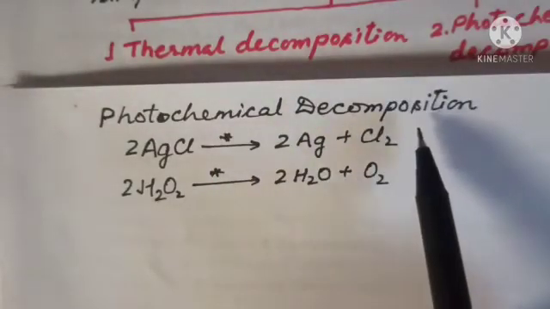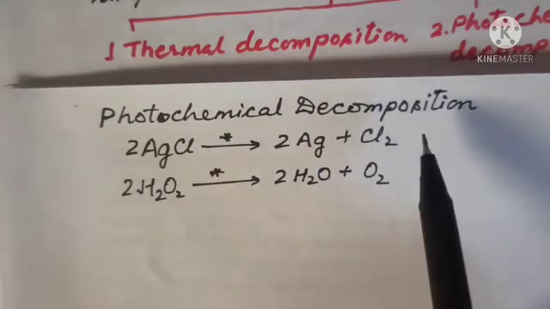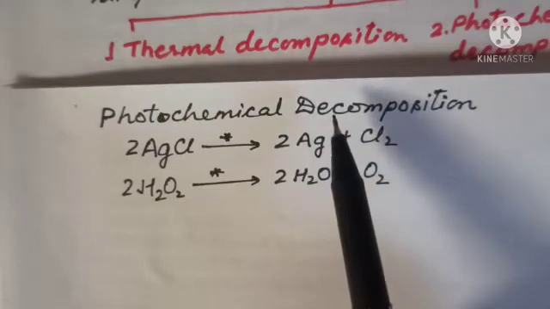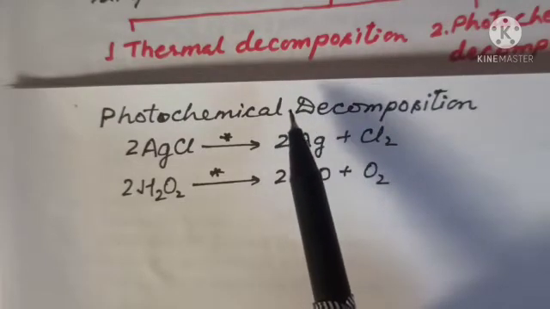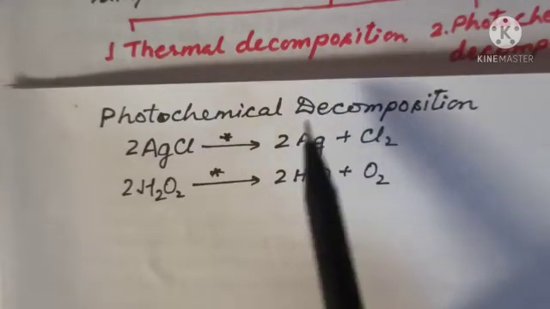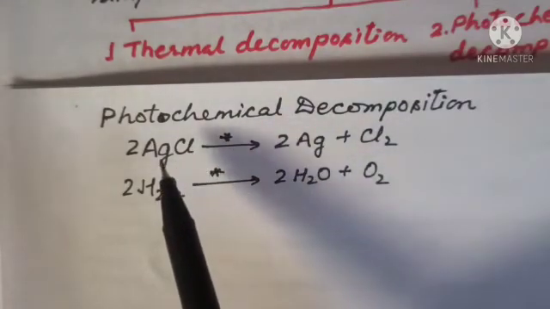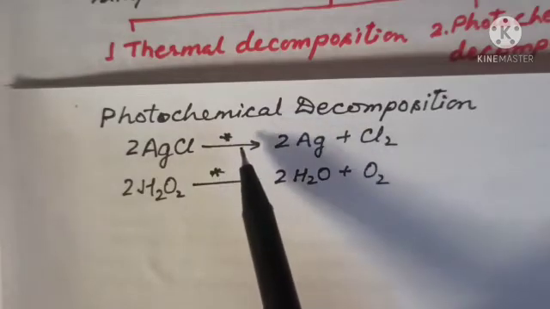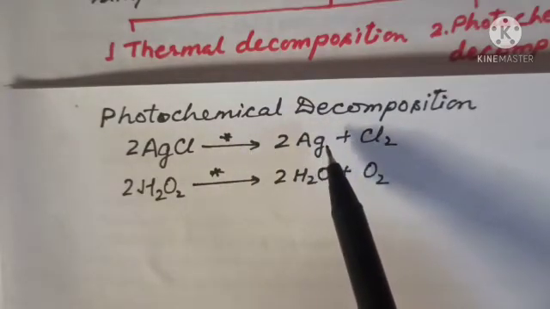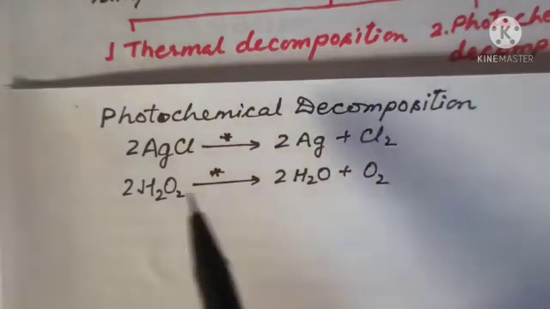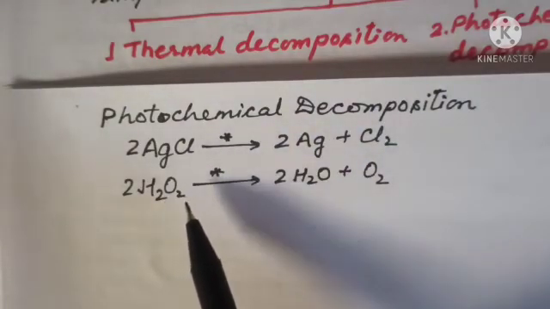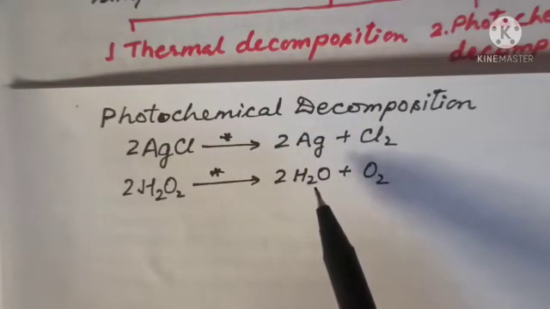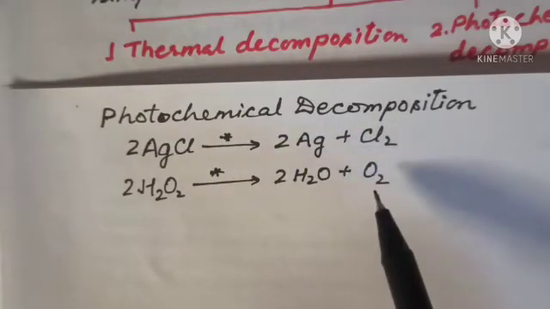Another one is photochemical decomposition. What do you mean by photochemical decomposition? It is a decomposition reaction which occurs in the presence of light. Look here, silver chloride, when it comes in contact with light, decomposes into silver and chlorine. In the same way, hydrogen peroxide, when it comes in contact with light, decomposes into water and oxygen.